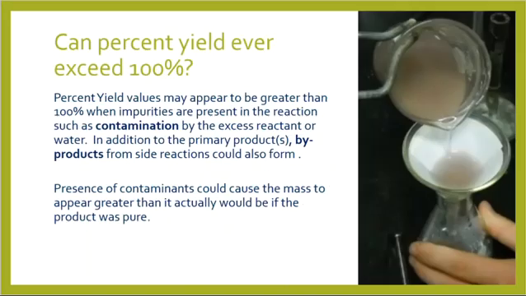Now let's examine the question, can percent yield ever exceed 100%? If this were to happen, that would mean that actual yield is greater than the theoretical yield. Let's look at this picture to understand a reason as to why this may occur.